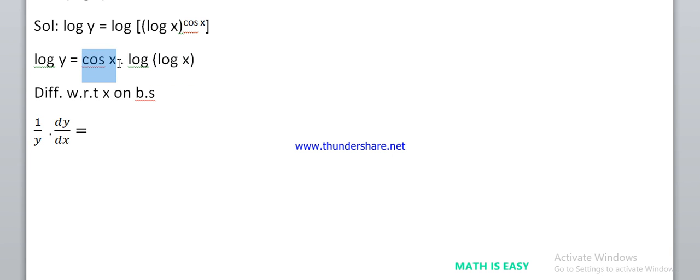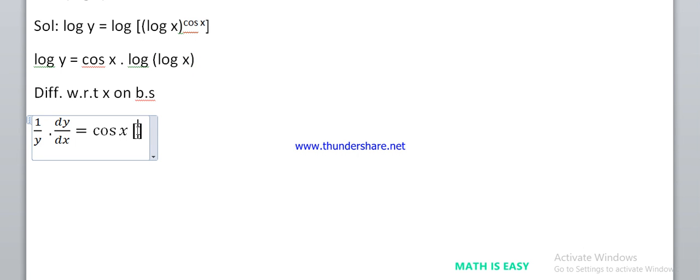U means cos x, v means log of log x. So according to the formula, u into derivative of v, u means cos x into derivative of log of log x. If I take this inside log x as theta, this is derivative of log theta.